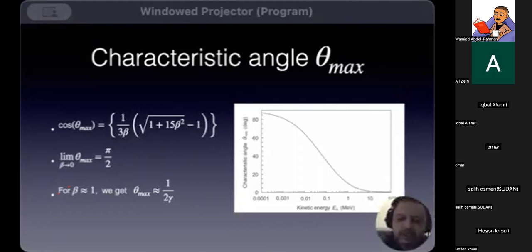At low energies, theta max is approaching 90 degrees. Think of it as the X-ray tube, the diagnostic region. Now, as we go to higher energies, theta max is more in the forward direction. This is the direction relative to the direction of the incident charged particle.